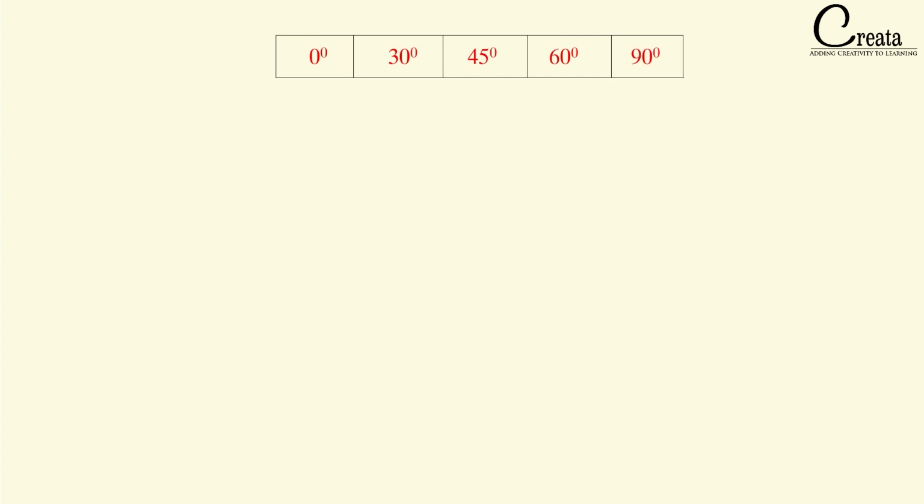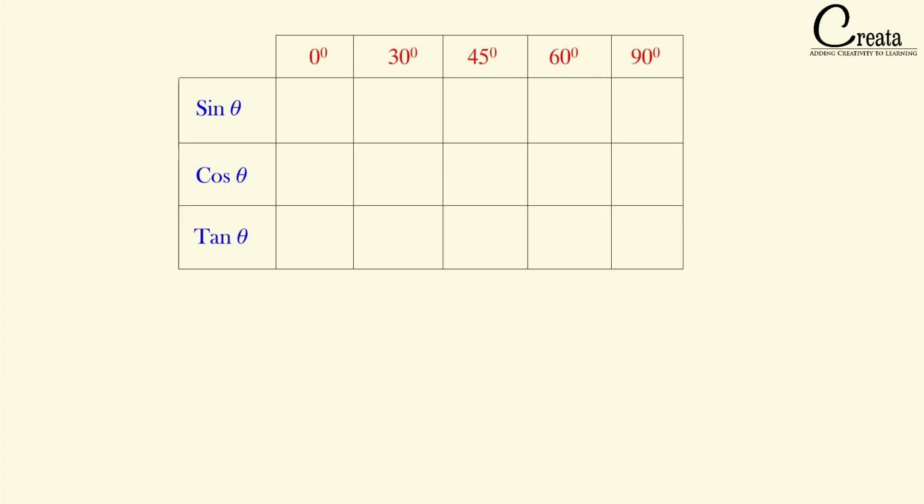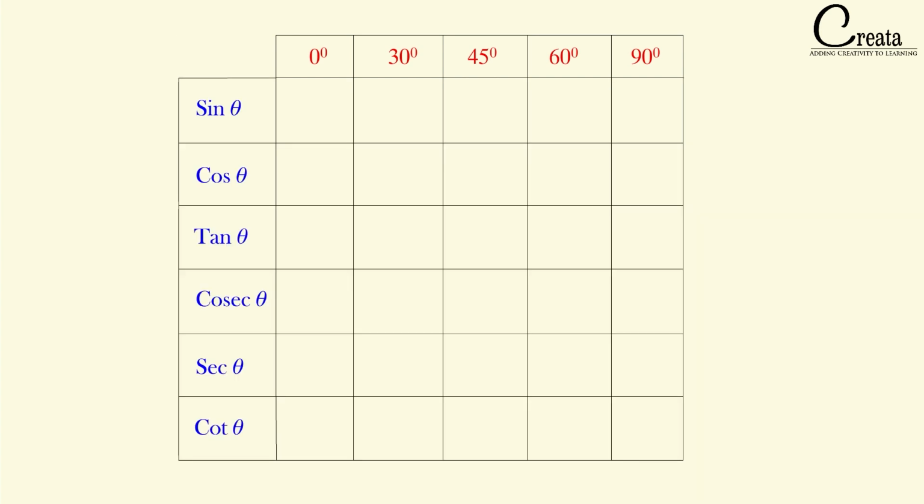We will calculate all the 6 trigonometric ratios for these 5 angles. It means we will calculate sin 0 degree, sin 30, sin 45, sin 60 and sin 90. Similarly for cos, all the 5 values, and for tan, cosec, sec and cot. So all these values we will calculate in this chapter.